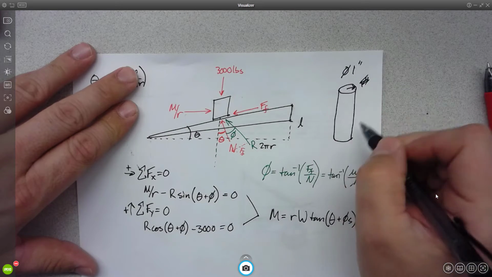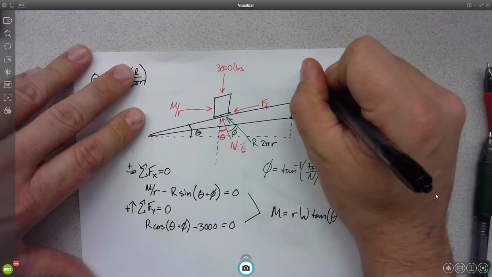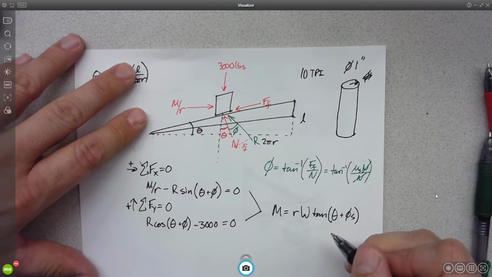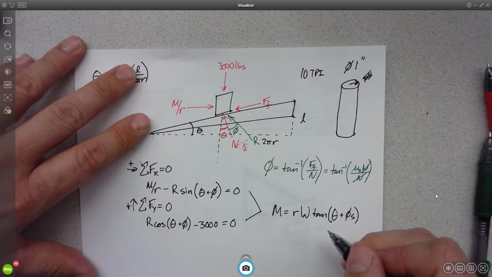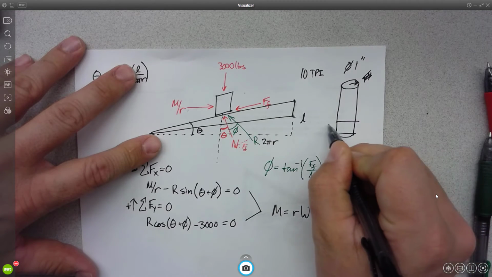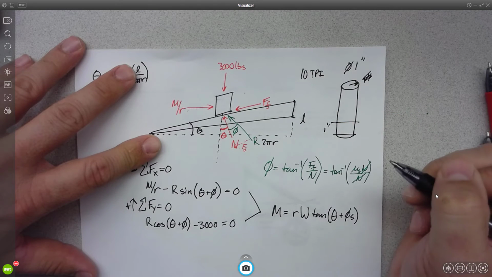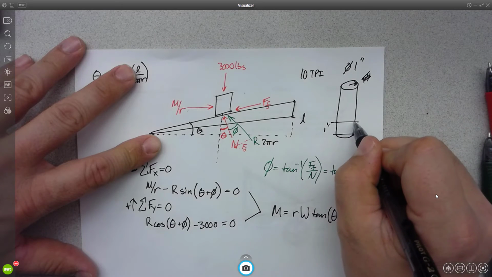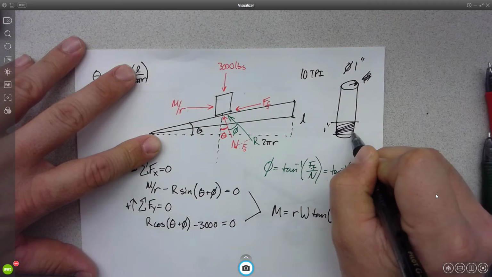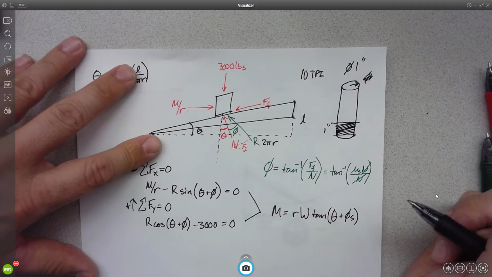And let's say it has 10 TPI. Anybody know what TPI means? Threads per inch. Nice. Okay, so that means that in 1 inch of height of the screw, there's 1, 2, 3, 4, 5, 6, 7, 8, 9, 10 threads.